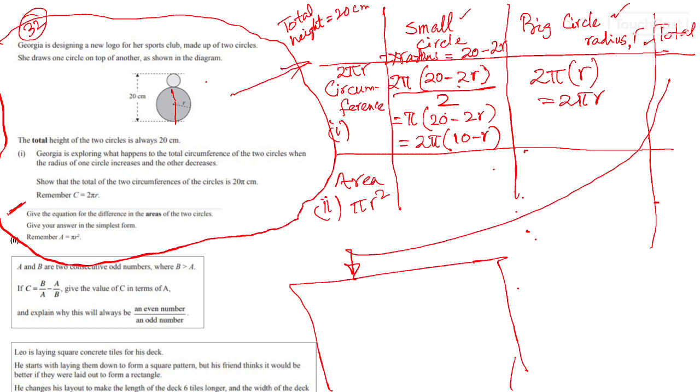Okay, I'm going to add the two circumferences, 2 pi r plus 2 pi times 10 minus r, and then I'm going to factorize to make it simpler. 2 pi is the common factor, so r plus 10 minus r, and that will amount to 20 pi.